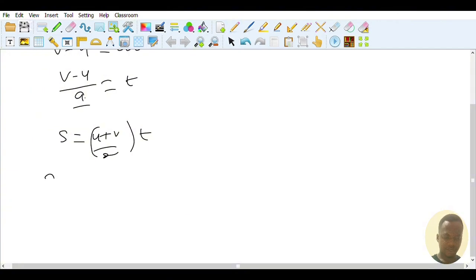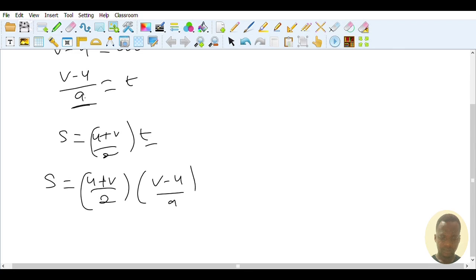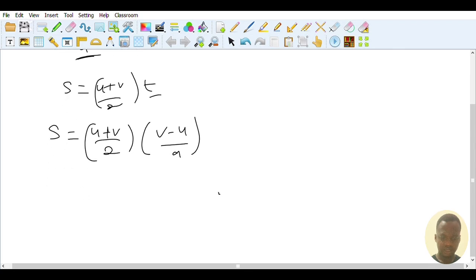So we have S is equal to U plus V all over 2 multiplied by T. Now we replace T by V minus U all over A. So let's open up the bracket.